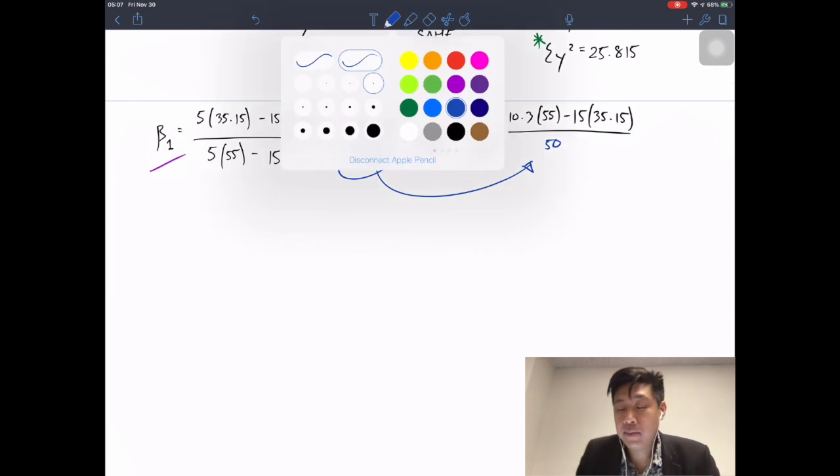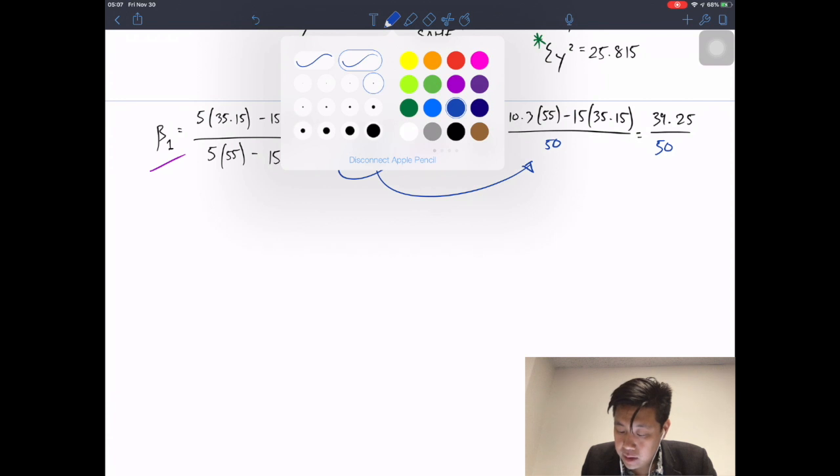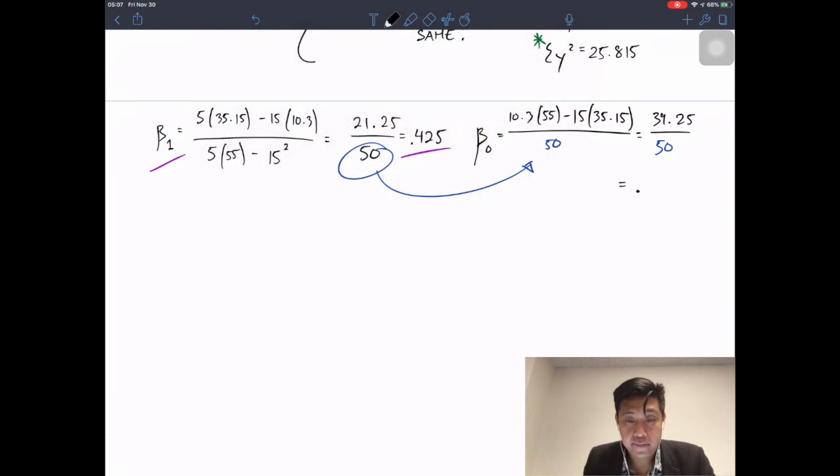Don't take the time to realize that you have to make another calculation of some sort. This will give you less opportunity for error and will make your life a lot easier. So this number turns out to be 0.785. So here, your beta naught is this number.